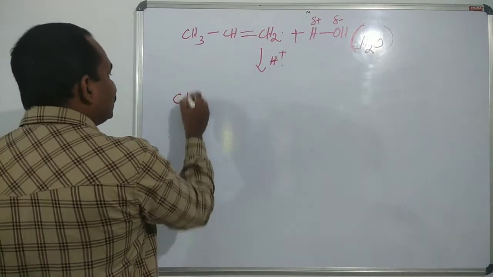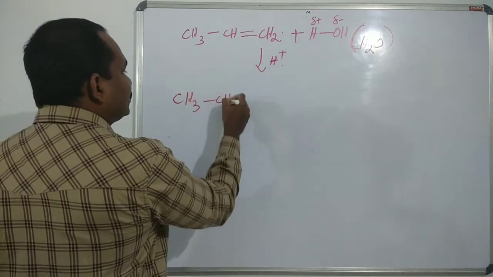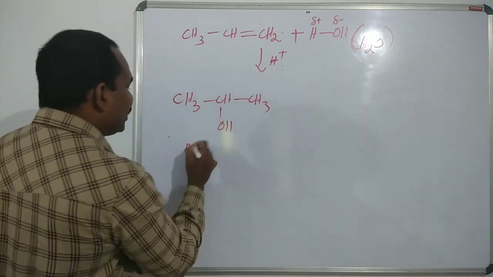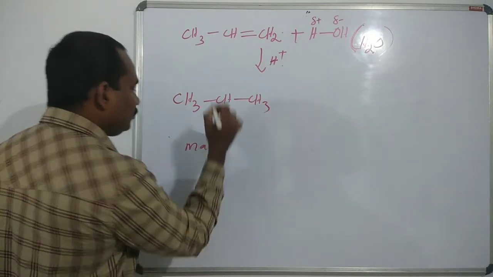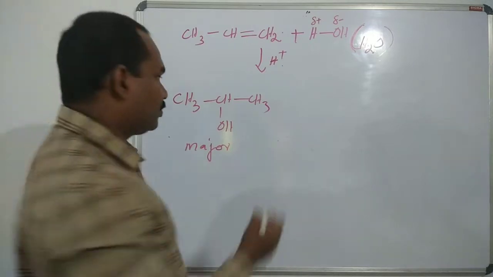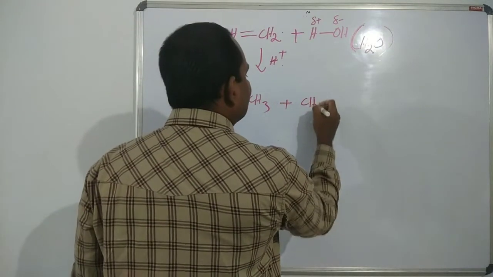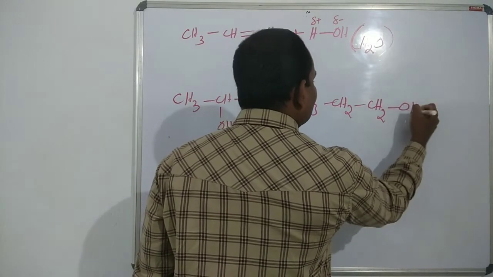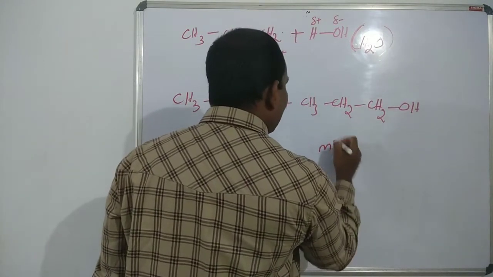So what we get? CH3 CHOH CH3 as a major product, plus CH3 CH2 CH2OH as a minor product.